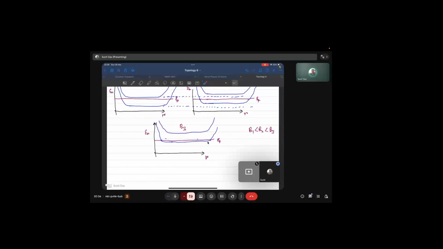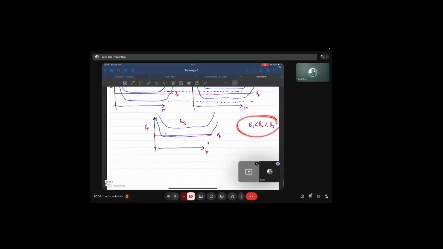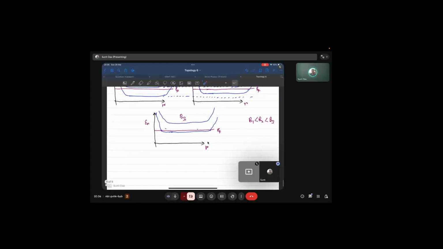But as long as the n equal to 0 level lies within the Fermi level, you will always have the conductivity of e square by h, hence the resistivity of h by e square. This is one.